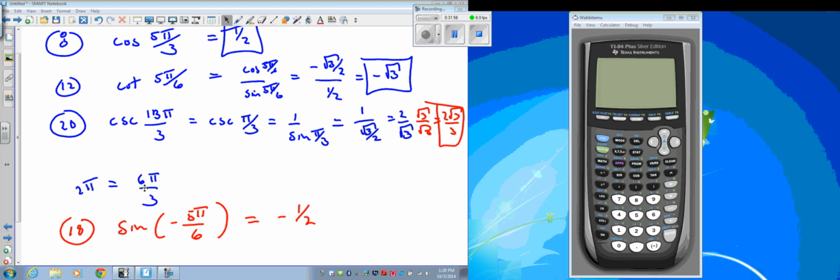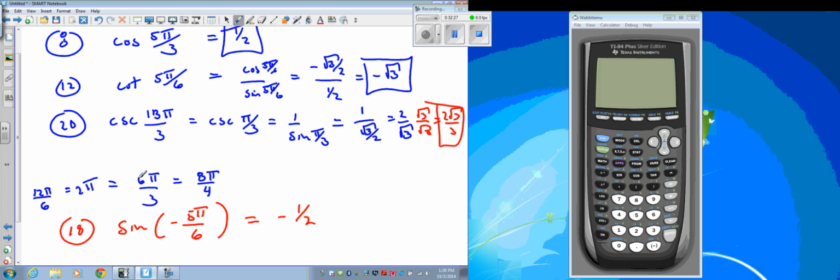Well, if it's 6, then this 2 pi is equivalent, in terms of 6 in the denominator, to 12 pi over 6, right? Now, in terms of 4 in the denominator, that 2 pi is equivalent to what? 8. 8 pi over 4, right? So see, all of these are 2 pi.